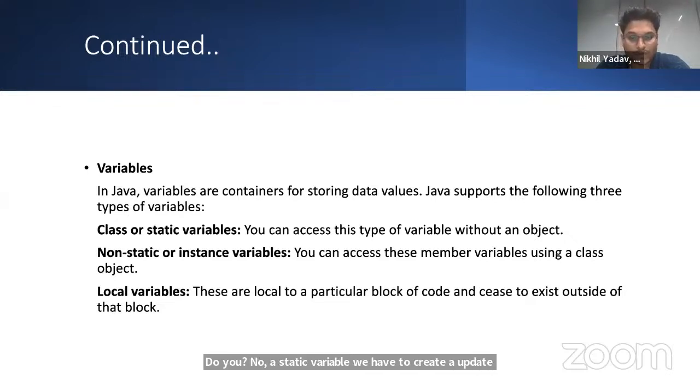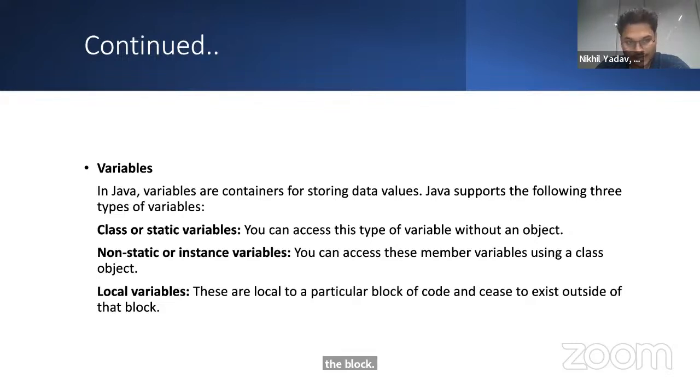A local variable belongs to a particular block, so its scope ends at the end of the block.